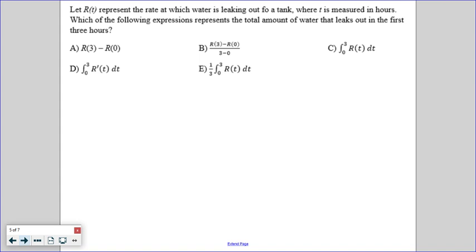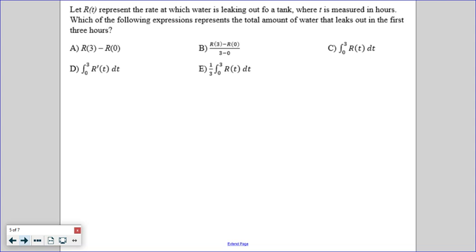All right. Moving on to our next one. This one is just representing using an integral, and they're asking you which one has been written correctly. R is the rate that the water is leaking out of the tank, and time is measured in hours. Which of the following expressions represents the total amount of water that leaks out in the first 3 hours?